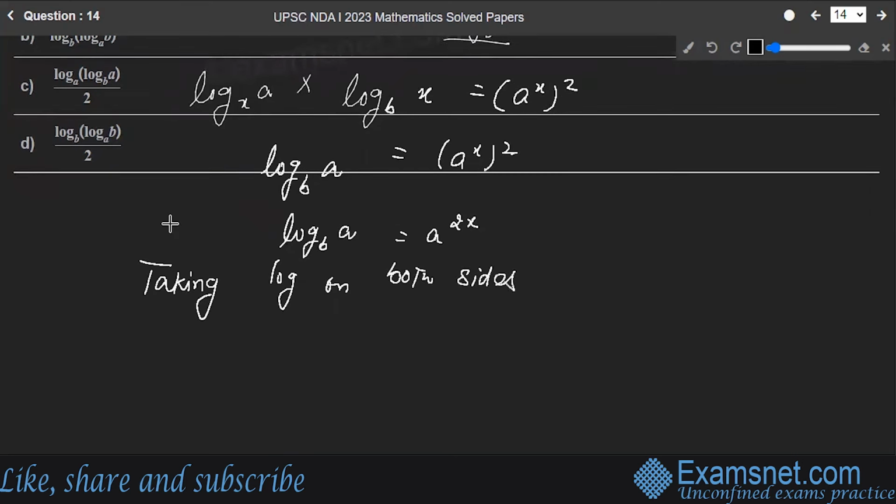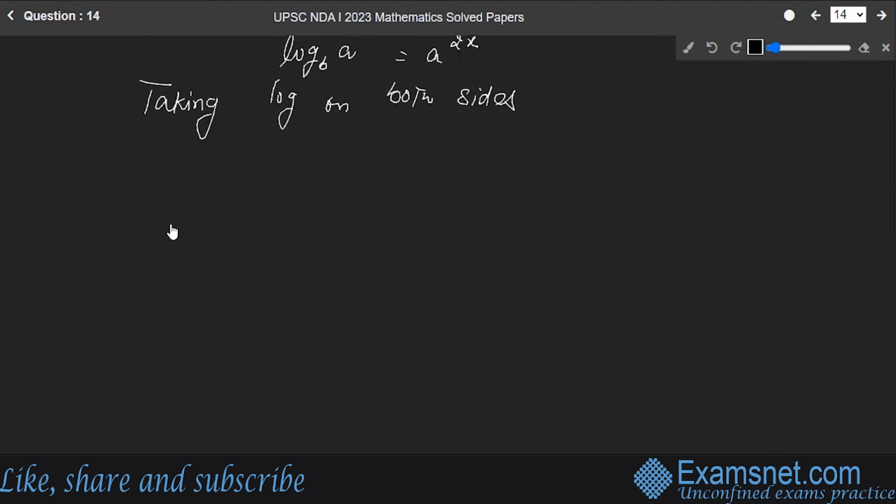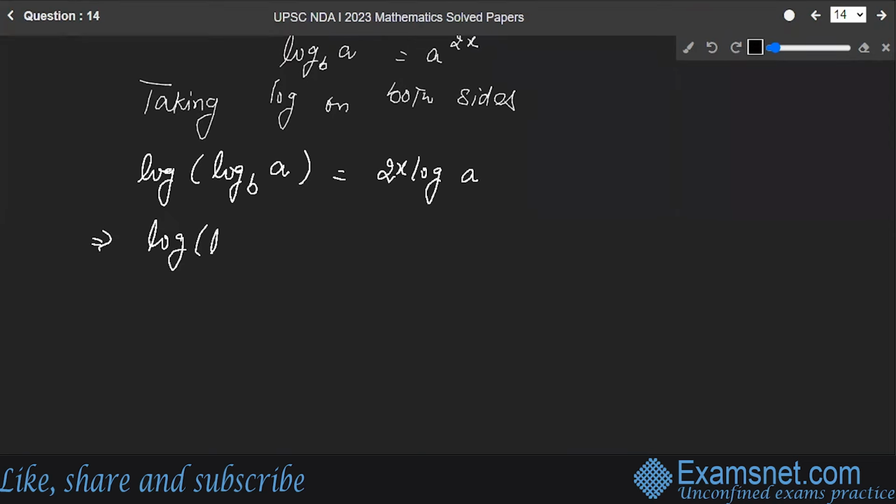You will have log of log b a is equal to 2x log a, since 2 will come up here.